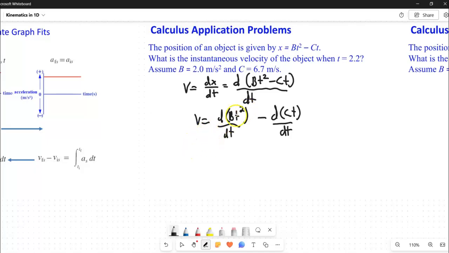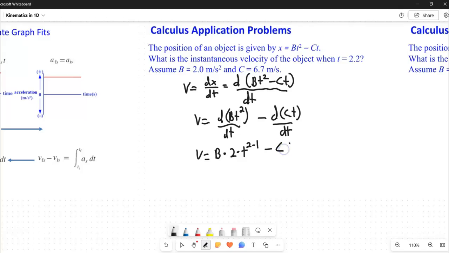Okay? So in this case, we're going to take the b to the front. So we're going to multiply this. Differentiating, we're going to take that 2, which is the exponent, to the front, t to the 2 minus 1.